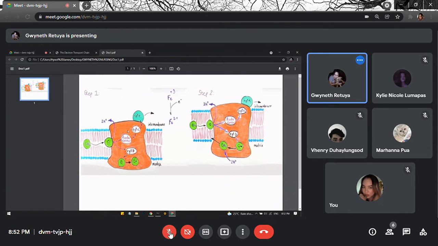These two steps combined release 4H plus. So in conclusion, in one Q cycle, two QH2 are oxidized into Q, releasing 4H plus. One Q is reduced into QH2. Then two cytochrome C molecules are reduced.